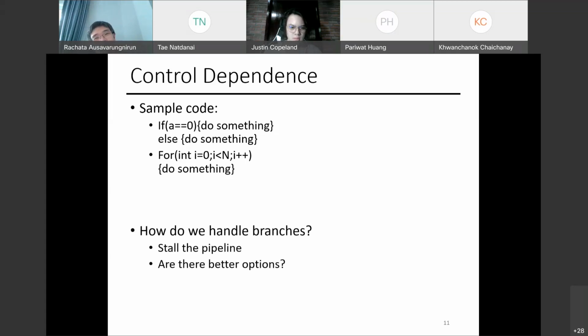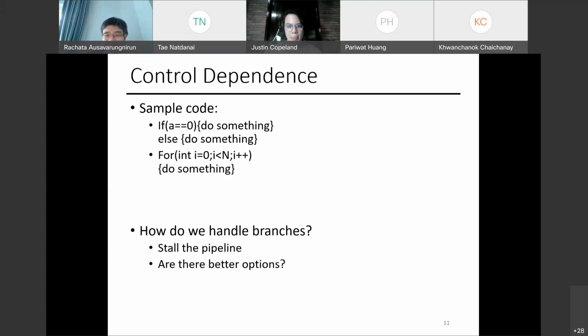So remember the discussion on Thursday? What does a branch do to the pipeline? So let me ask this question. When do we know that this is even a branch instruction?